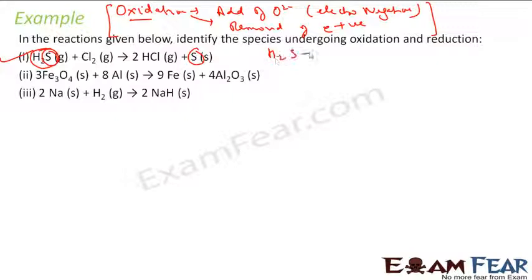So my H2S got oxidized. Correct. Let's talk about Cl2. In Cl2, hydrogen is added. Addition of electropositive element. So removal of electropositive element is oxidation. So addition of electropositive element is what? Reduction. So Cl2 got reduced.